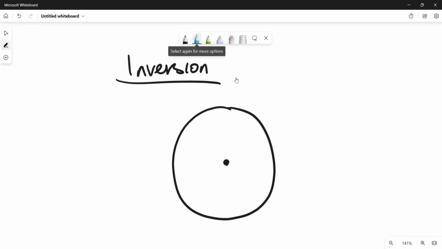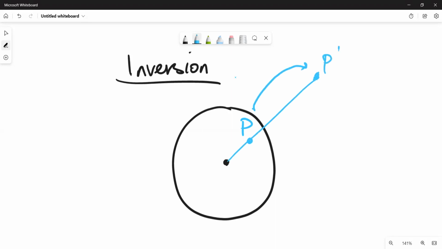It's where every single point on the plane will be mapped to another point on the plane such that the center of the circle, the first point, and the new point are on the same ray, because it's always in this direction.